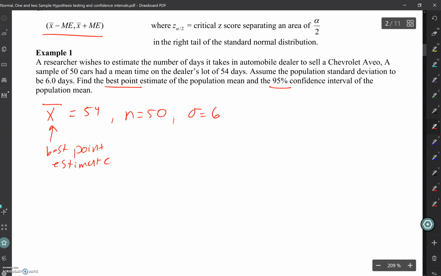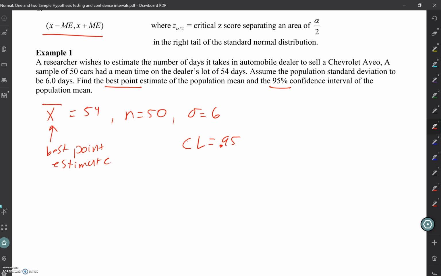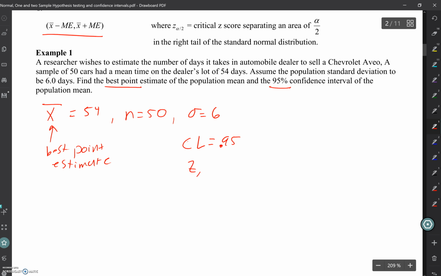And then they said we want to be 95% confident. And they said we're going to call that our confidence level. So I usually just call it my CL. My confidence level is 95. And I'm going to turn it to a decimal, so 0.95, because that's how I'm going to work with it. What I need is a Z alpha divided by 2.